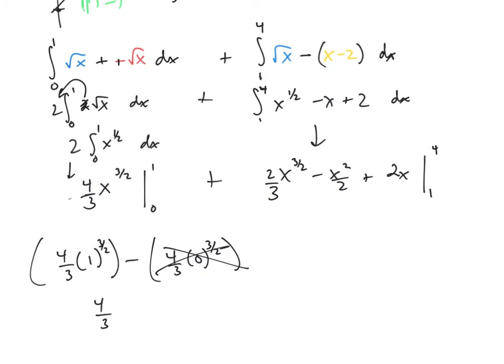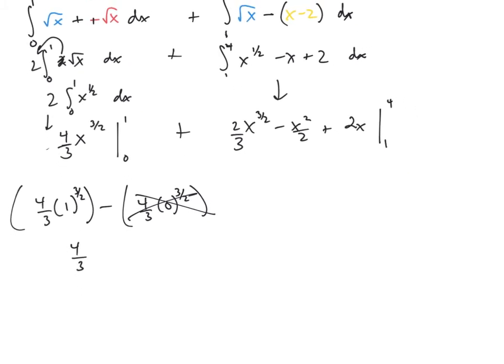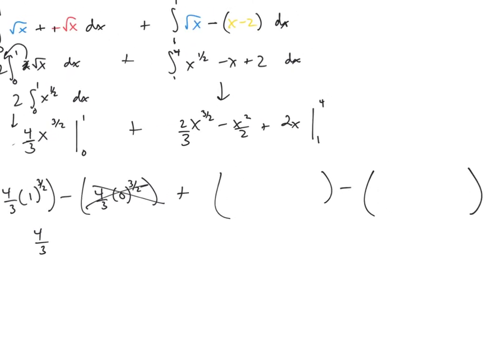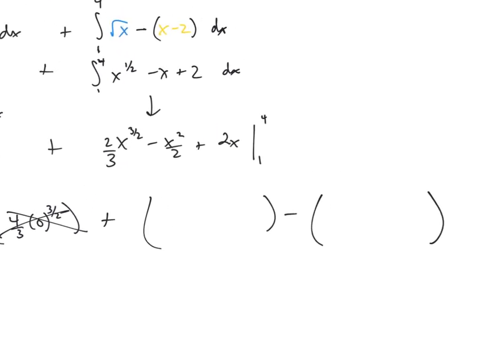Okay, so I'm ready to plug in. Again, I like to set up this kind of subtraction for myself. The plus sign is just because I've got that other part there. I'll come back to that in a minute. So I've got 2/3 times x to the 3/2. This time I'm plugging in the 4, the upper limit, first, minus 4 squared over 2 plus 2 times 4.